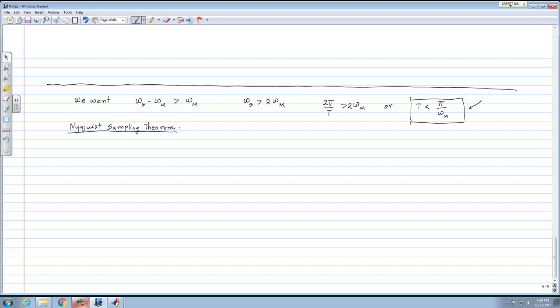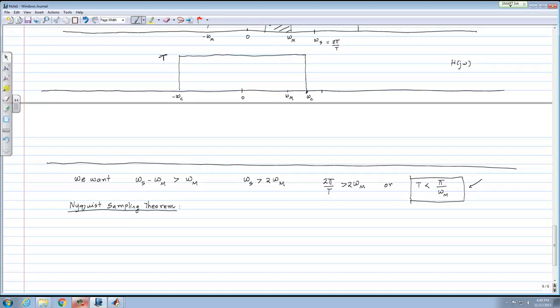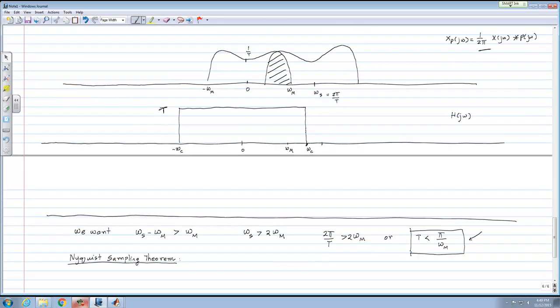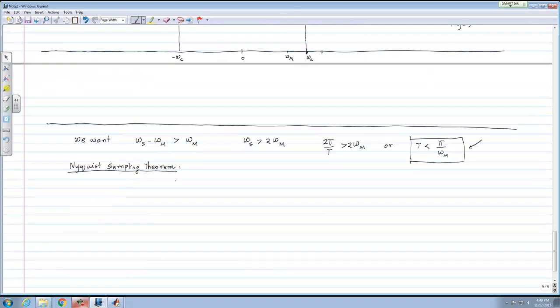Now, what did we say about our reconstruction? So think about the reconstruction process. The reconstruction process involved taking x_p of t and passing it through a filter. So let's say the filter has some impulse response h of t.